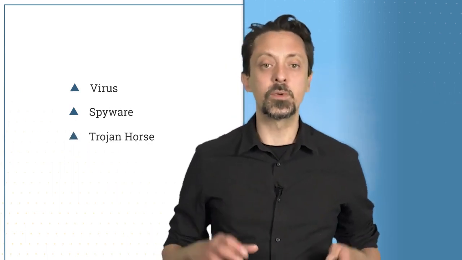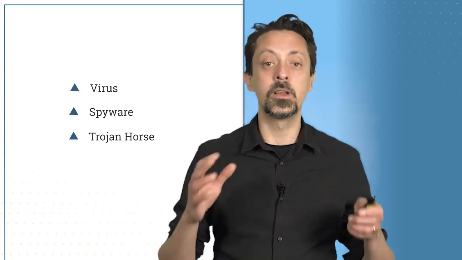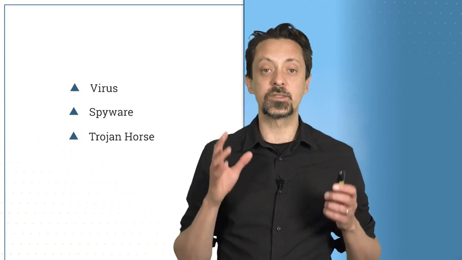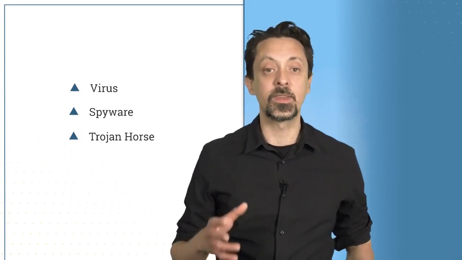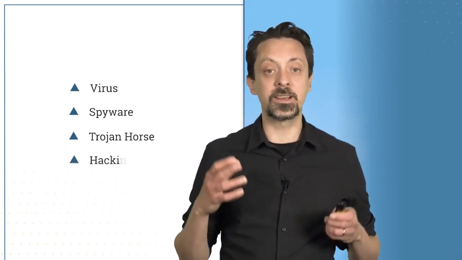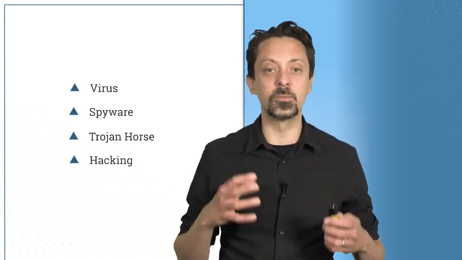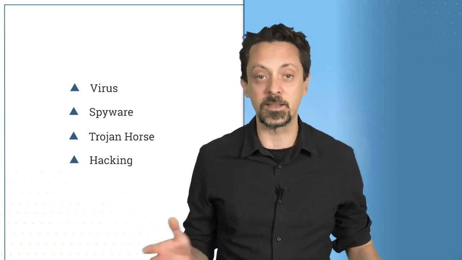Malicious software can also take the form of a Trojan horse, which appears to be legitimate software but performs harmful actions in secret. Malicious software is just one type of security threat. Another is that criminals can try and hack computer systems. That means getting access to a system that they would not normally have access to so they can steal data.